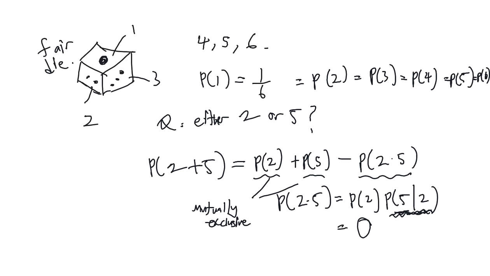Okay, so regardless whether the two events are independent or dependent, when they are mutually exclusive, the probability of having them together at the same time must be 0. So this term is 0, so your answer is P2 plus P5. So it is 1 over 6 plus 1 over 6, which is 1 over 3.